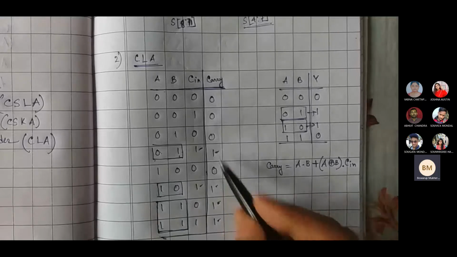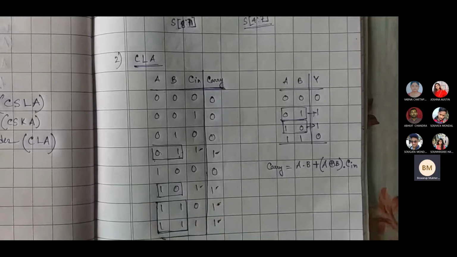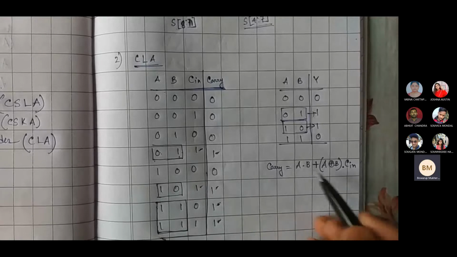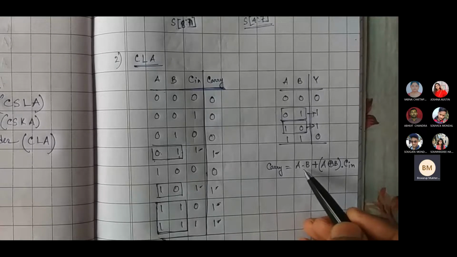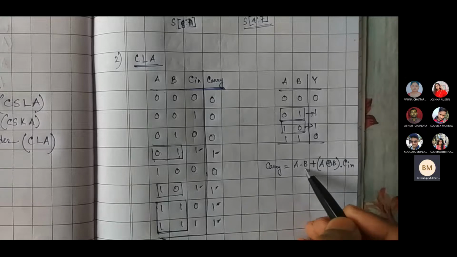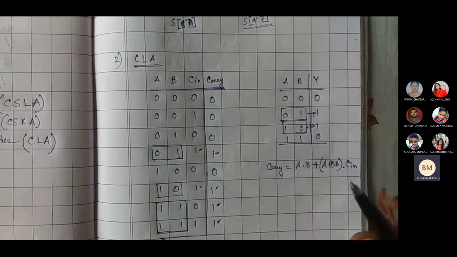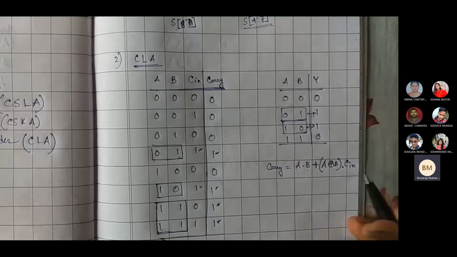We have already defined all these four cases. The output would be high and the carry bit would be high either when A dot B is there, plus A XOR B dot C. So this is the process, right?